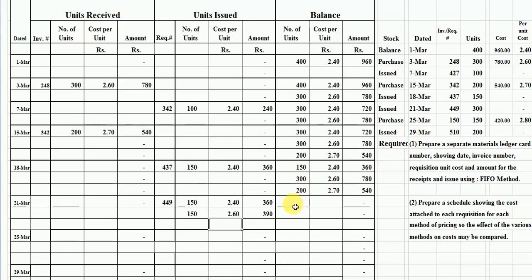The balance is 150 units in the second purchase at 2.60, and the third purchase is 200 units at 2.70. Students, this is the FIFO method.